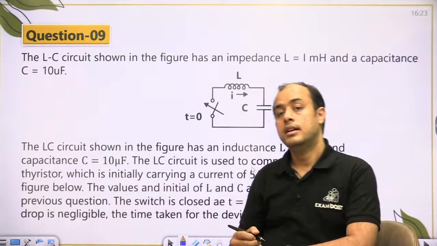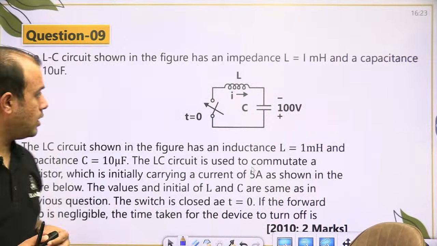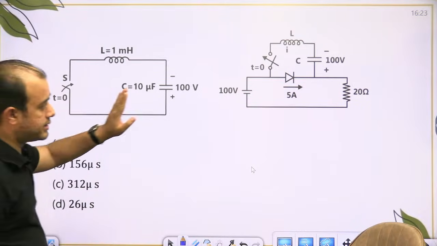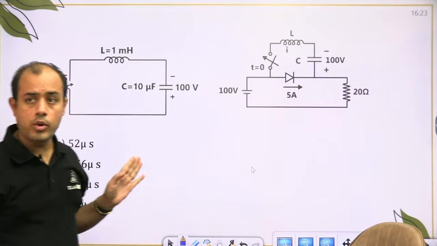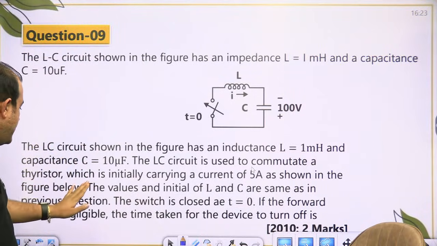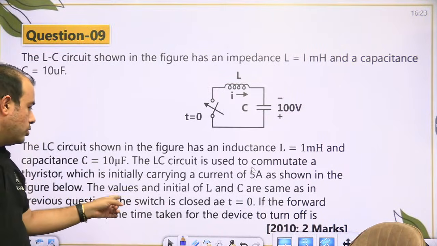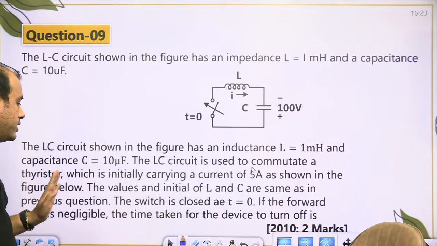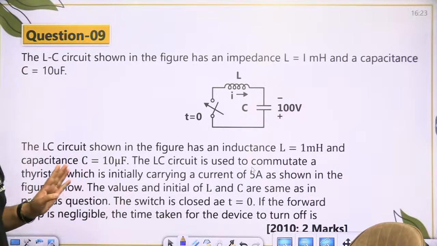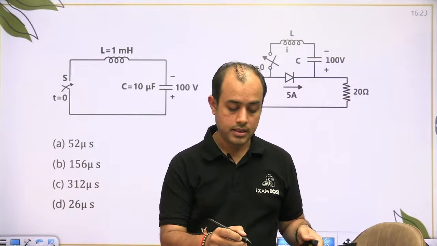Okay. Now I am connecting this question to one more circuit. This is my circuit. So the question is the LC circuit. Now the initial value of L and C. The switch is closed at t equal to 0. What is the time taken by the device to turn off? अब ध्यान से सुनिएगा.